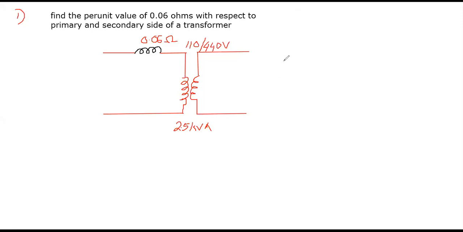Now the actual value of the impedance that you have been given is 0.06 ohms.